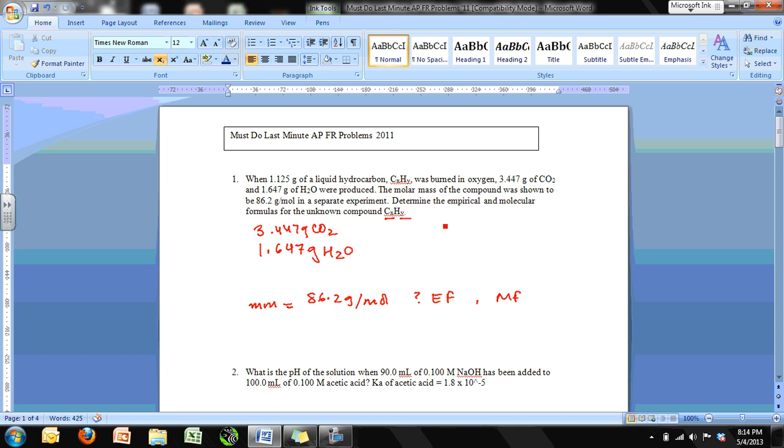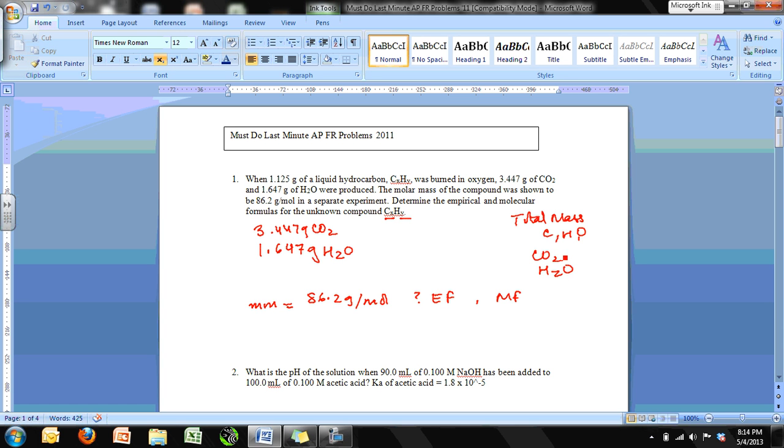A little deviation of similar problems, if you recall from chapter 2, is when you have an organic compound that has carbon, hydrogen, and oxygen. Typically in those problems, they'll give you the total mass of the compound, the mass of carbon dioxide, and the mass of water.